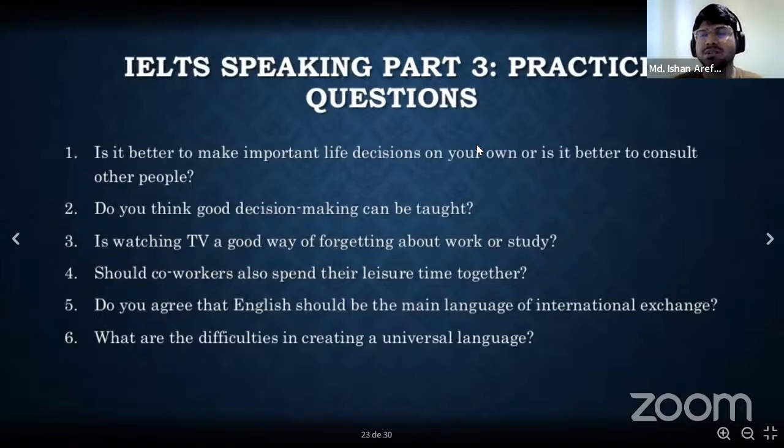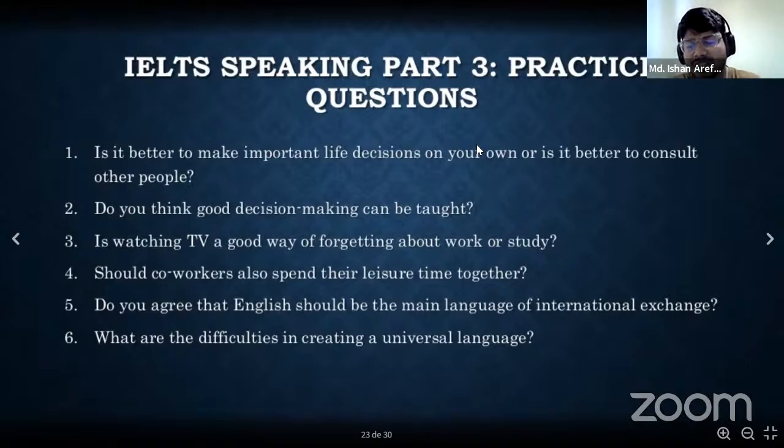But as this question has asked you, do you think good decision making can be taught? You have to first start answering it in an affirmative way or in a negative way. You have to start answering the question with yes or no. So understanding these kinds of things is very important.